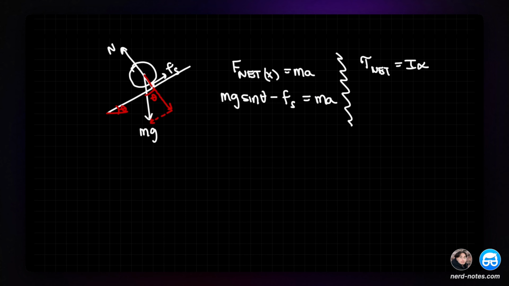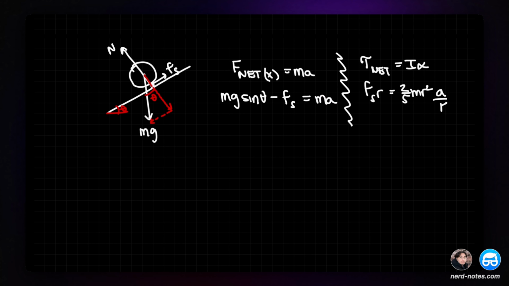And again, like I already pointed out, the torque is coming from the static friction. It's specifically going to be Fs times r, that's my torque, is equal to the moment of inertia of the sphere, which is 2/5 mr squared, times alpha. Instead of putting alpha, I'm going to replace it with a over r, because I'm using linear acceleration over here.